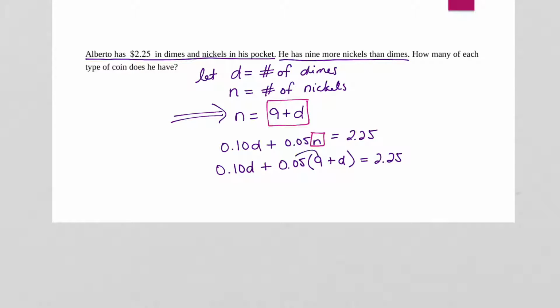Now I need to distribute. So 0.10D plus, what is 0.05 times 9? It is 45 cents. Plus 0.05 times D. Okay, so now we can combine our like terms. This and this are like terms.